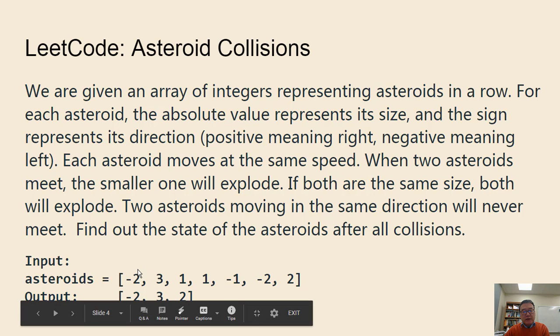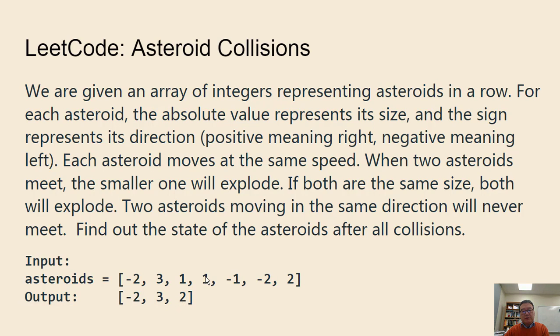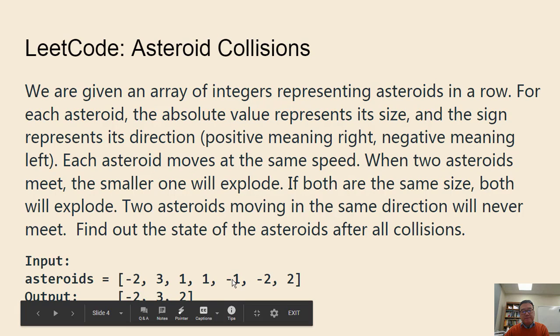When I see a negative value, we need to check whether there is a positive value on the stack, because if there is, then there will be a collision, and depending on how they compare, we'll have different outcomes. For example, here we push -2, 3, 1, 1 onto the stack, and then when we see -1, we check the stack. The top element is positive, and it's the same size.